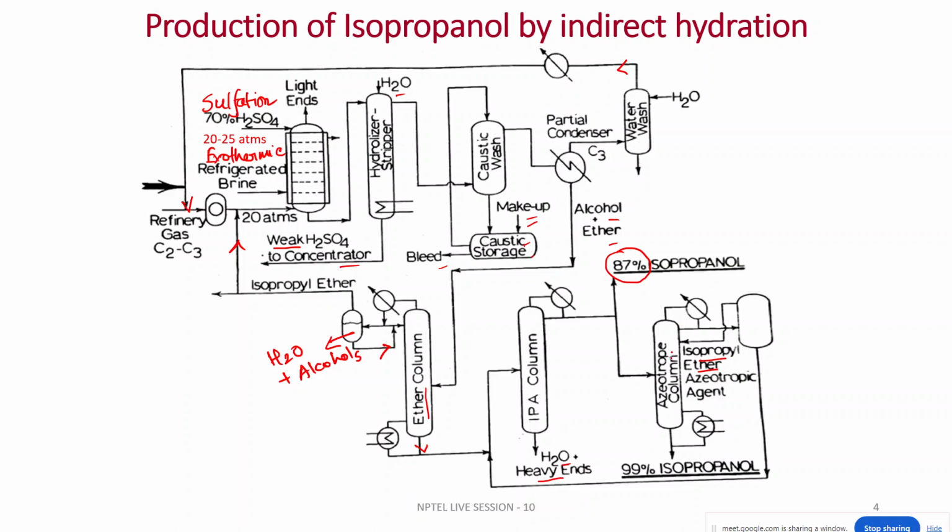For further concentration we are distilling through the azeotropic distillation process, where the isopropyl ether is used as an azeotropic agent, and it helps to further concentrate the isopropanol, and the final product from the azeotropic column is 99% isopropanol. So this is the overall process of production of isopropanol by the indirect hydration process.